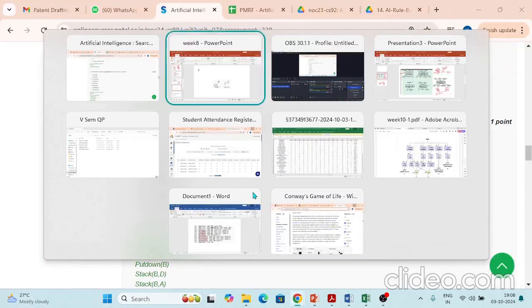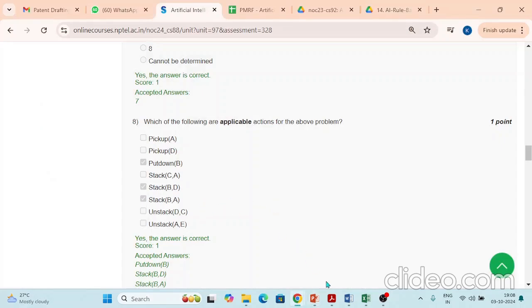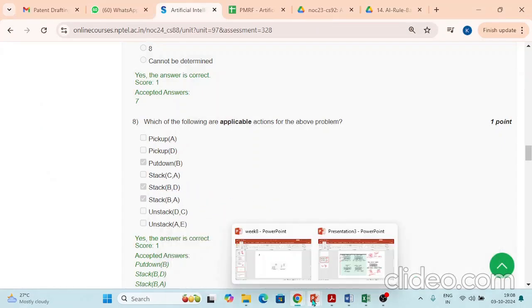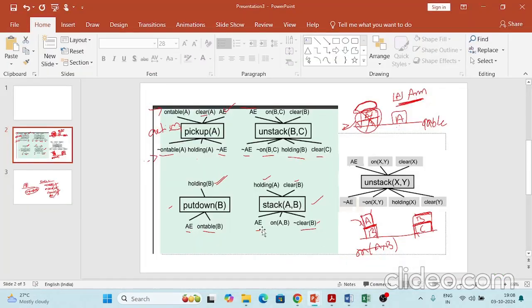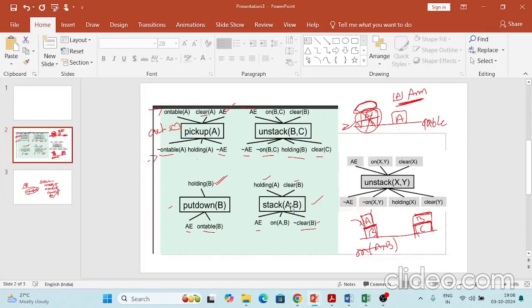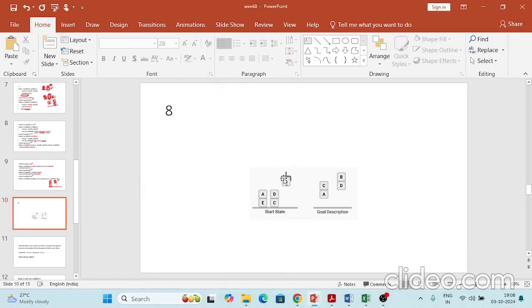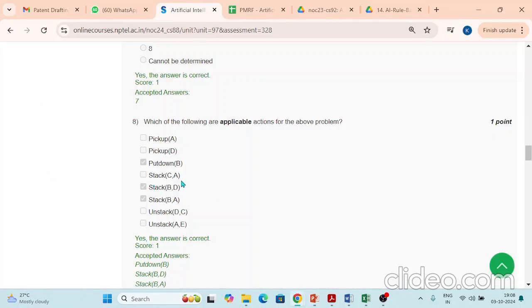For stack CA, the preconditions are holding C, clear A. If you see our state, we are not holding C, B is being held. So this is not true.